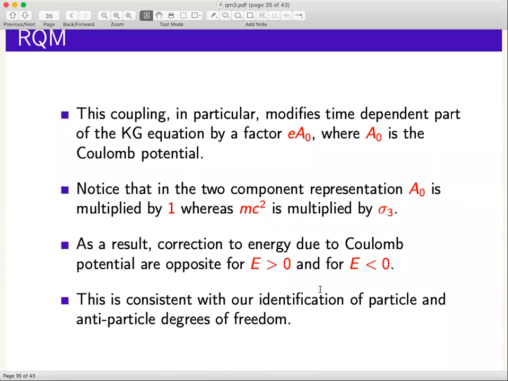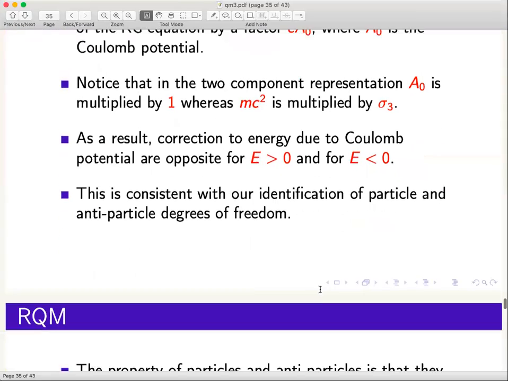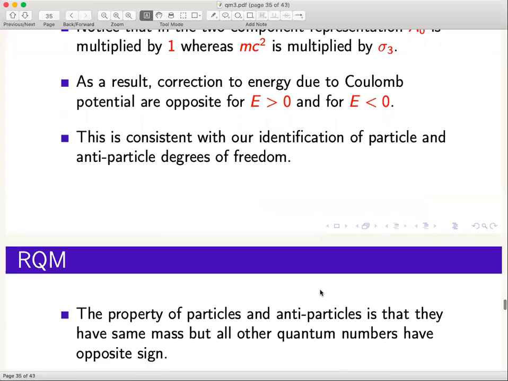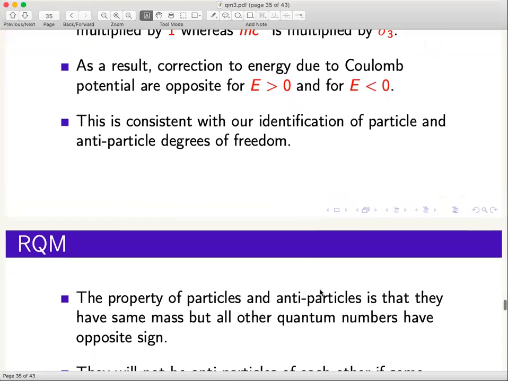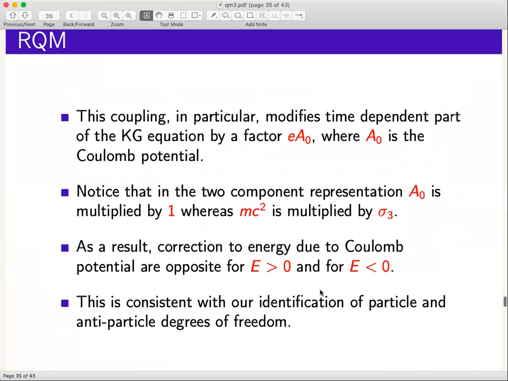Which is consistent with our understanding of the particle and antiparticle degrees of freedom. For a given Coulomb potential, they would have opposite corrections. So what we'll do is set up this problem and solve it, because as I said in the earlier class, Schrodinger did not get the answer right when he compared his results with the hydrogen atom spectrum.